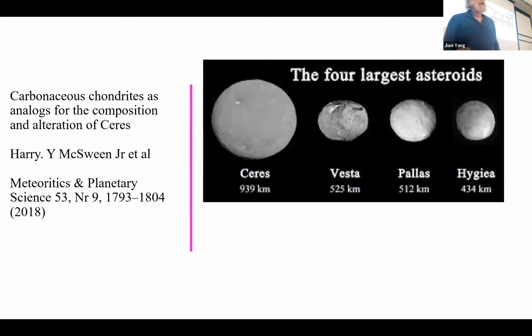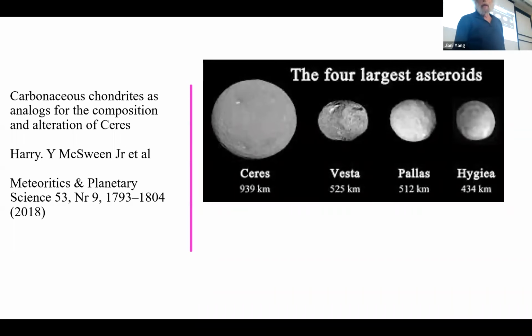Now, this takes us to the asteroid belt. Remember, Ceres contains 42% by mass of the asteroid belt. And if you put these other ones in, you're getting up to 80 to 90% of the asteroid belt mass.